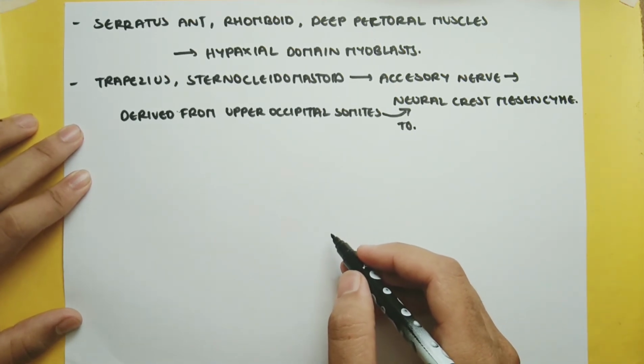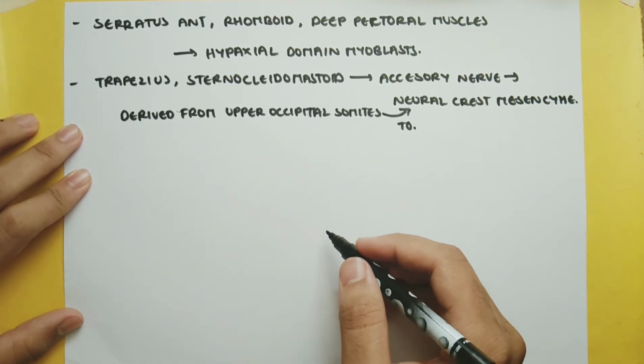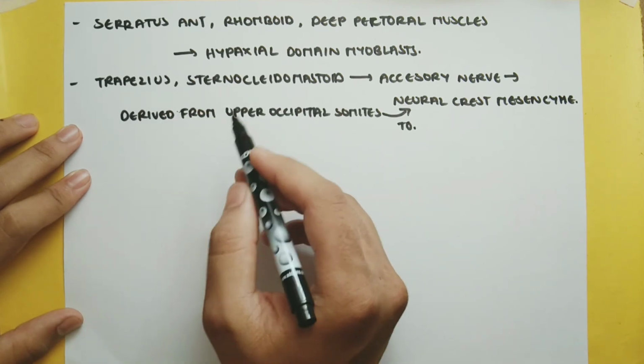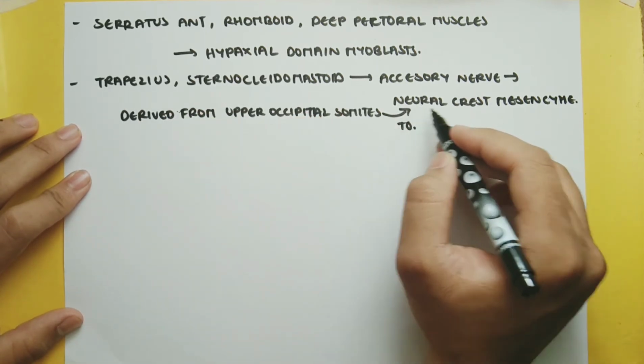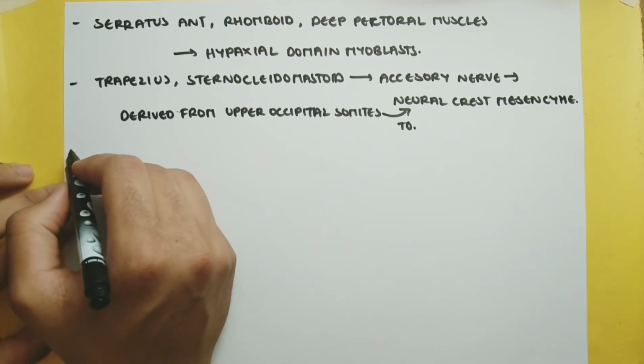So, where are they derived from? They are derived from the upper occipital somites and migrated to neural crest mesenchyme.